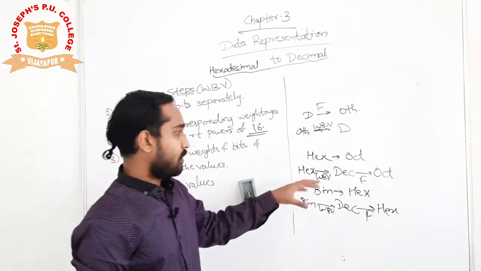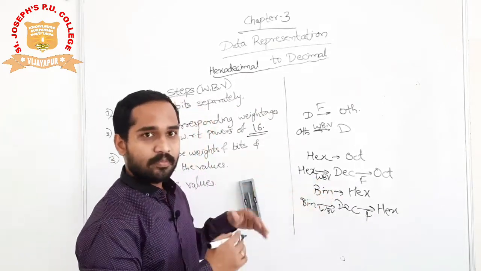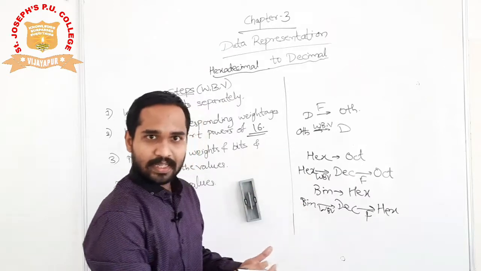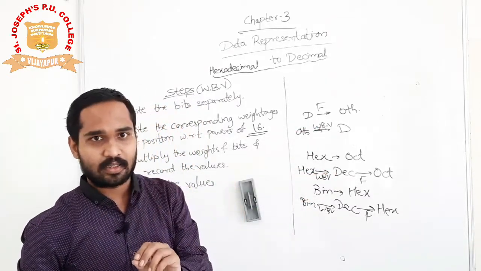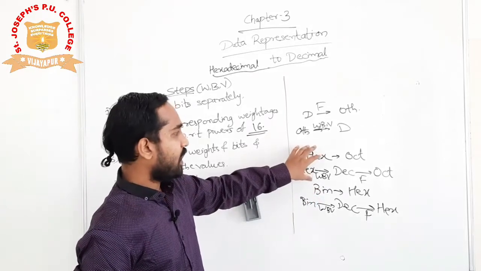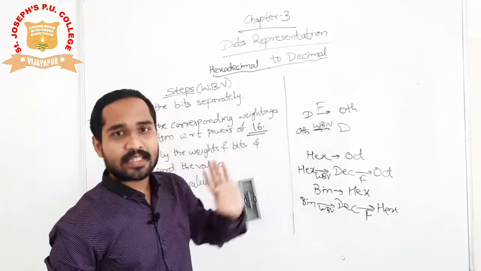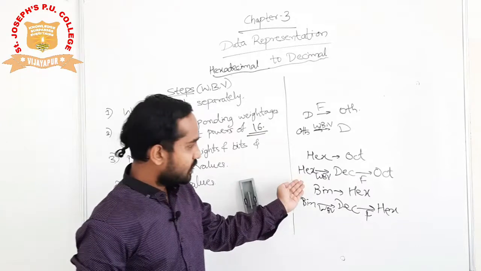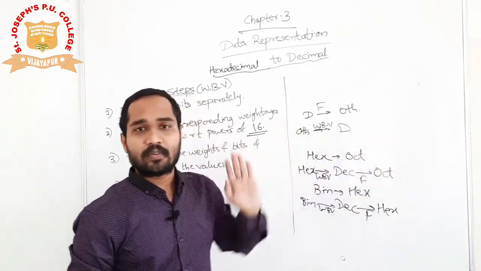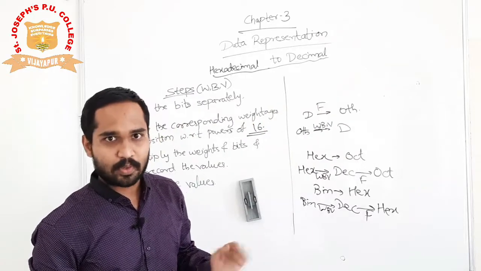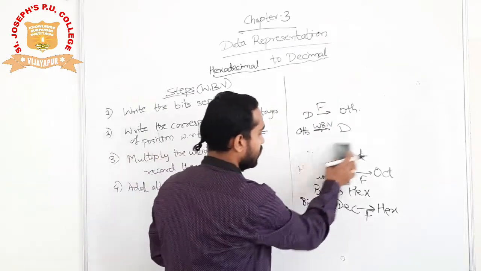This may seem a little lengthy, but you can still do it and get the correct result. So if any number system other than decimal is asked, first bring it to a decimal number and later convert to your required number system. This is the procedure. Can we give some assignments on this?